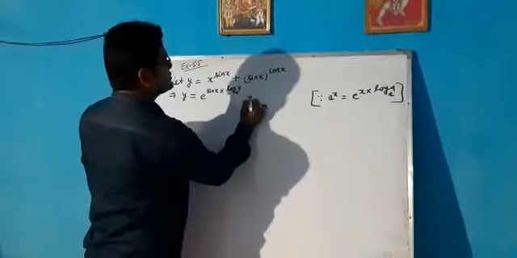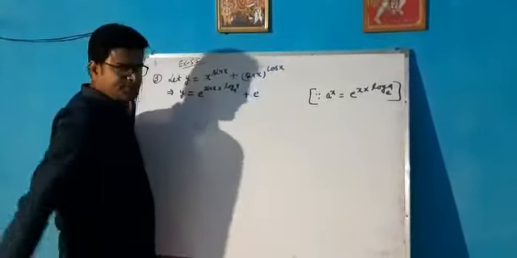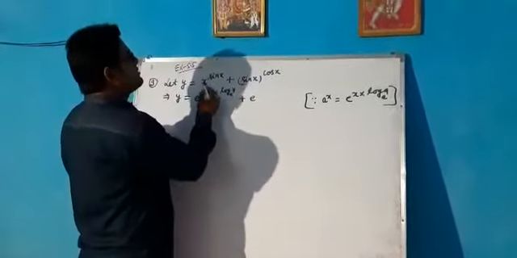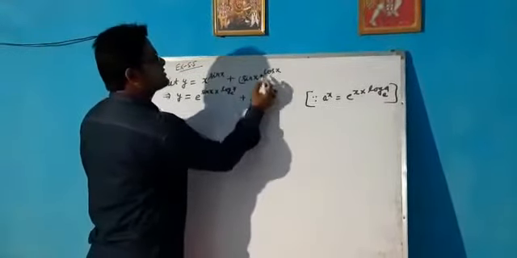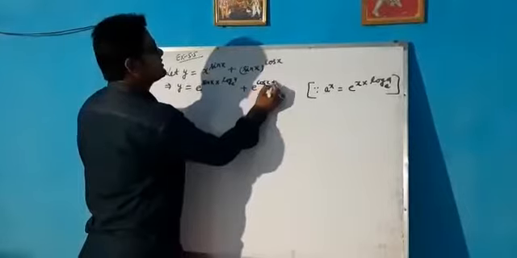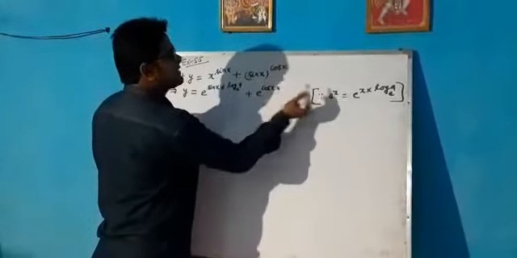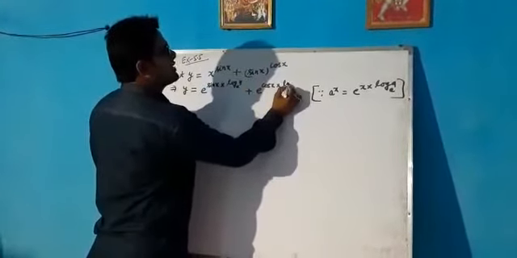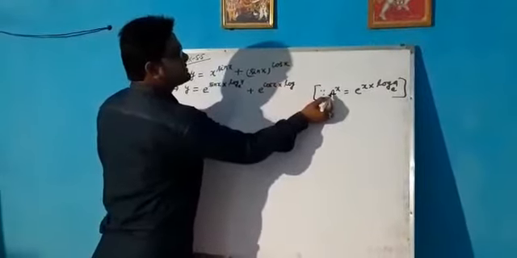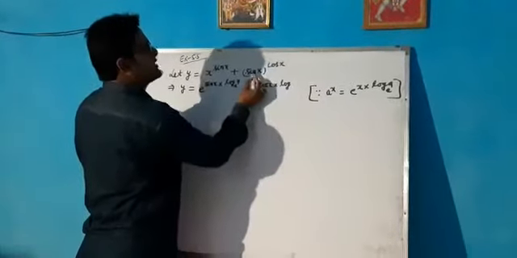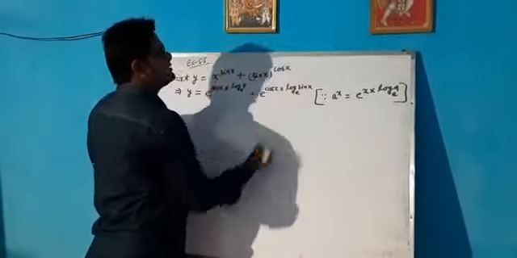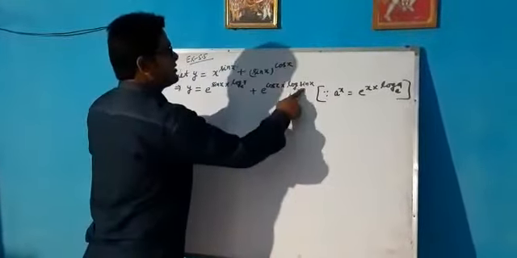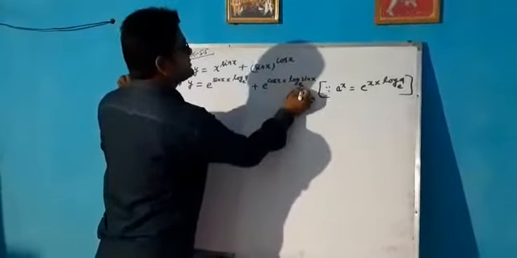In this way, e to the power, again, in place of this exponent x, I am having cos x, so I will write cos x. Then, in place of base a, I am having sin x, so I will write log of sin x to the base e.